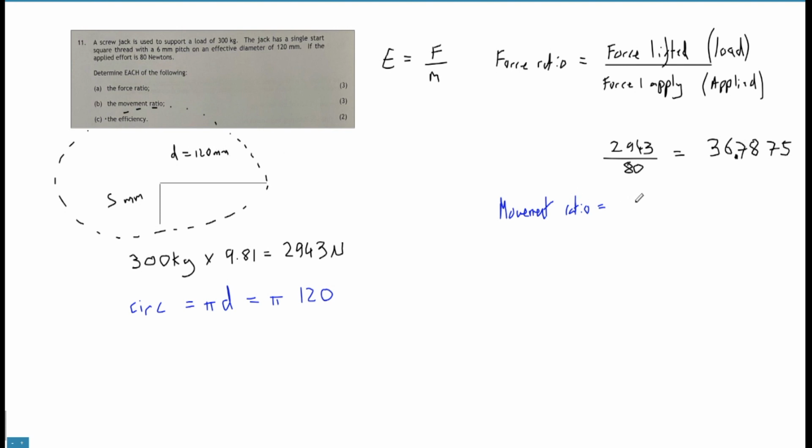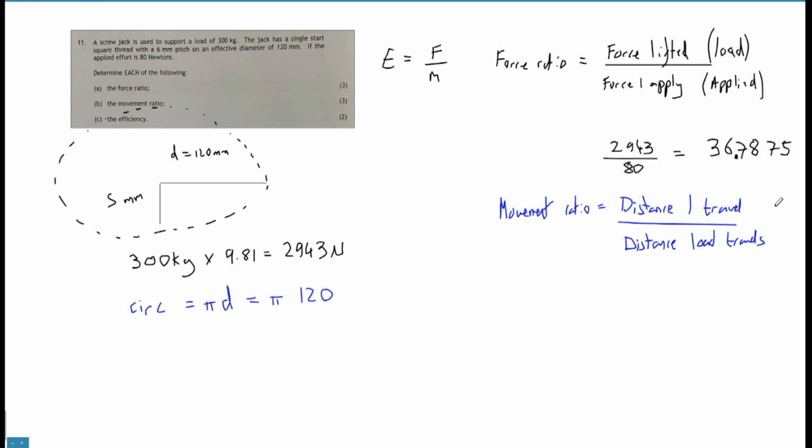It's going to be the distance. It has to be big over small, right? So it's the distance I travel, or you could say applied, over the distance I'm lifting. The distance the load travels. Again, it's flipped from the other one.